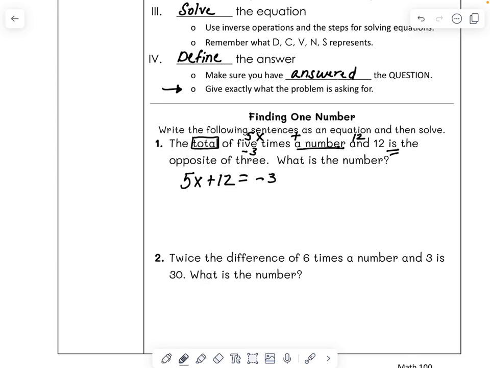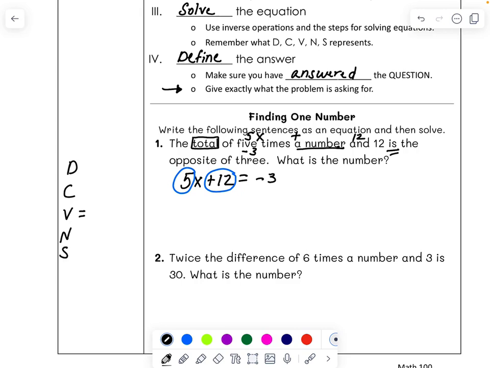So now we need to get our variable by itself. So we know this needs to go and this needs to go. But let's start with addition or subtraction. Distributive, combine like terms, variable, numbers, and solve. These steps are not part of this one. But let's start with the number step.